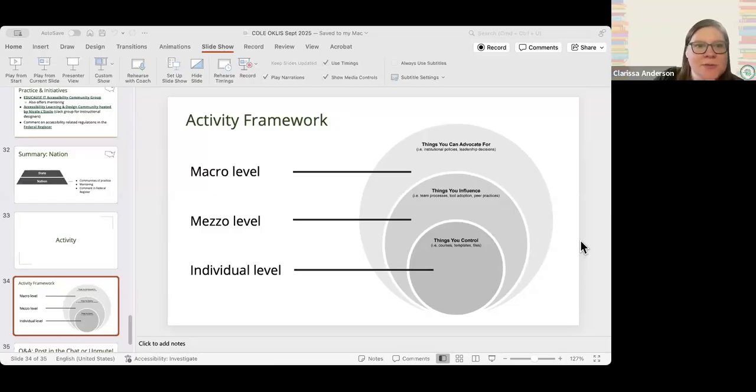Lots of great suggestions. What was the first one? Support in making courses more accessible, accessible signage, accessibility regarding vendors, environmental factors, funding for accessibility. That's a great one.